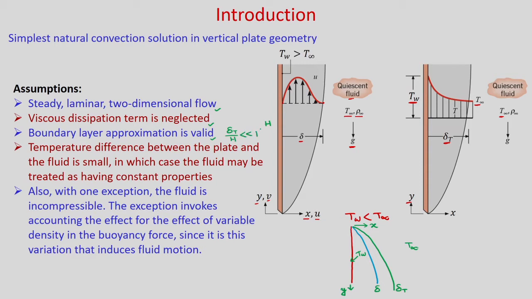Okay. The temperature difference between the plate and the fluid is small, in which case the fluid may be treated as having constant properties. So, we are considering the temperature difference as low, and we will assume the thermophysical properties like viscosity, thermal conductivity, and specific heat to be constant.